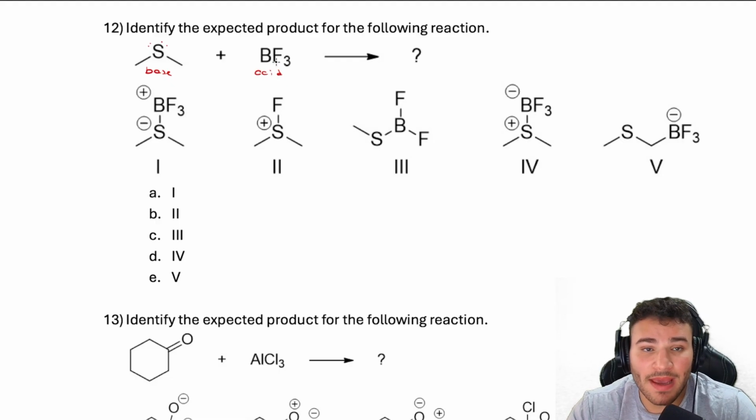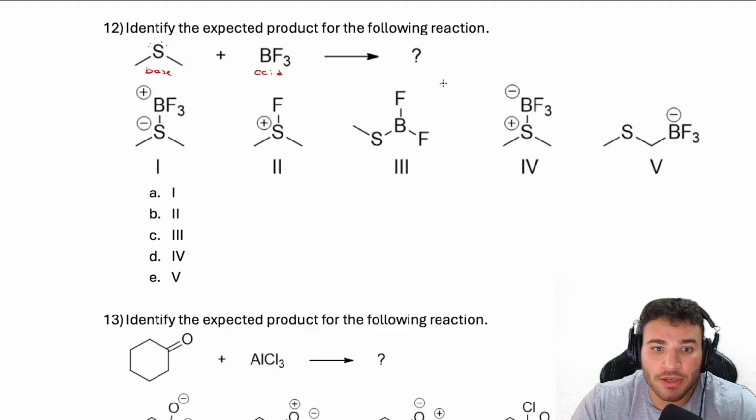If you're not familiar with these concepts, I really suggest going back and checking out that video where we deeply discussed Lewis acids and bases. If we only have a lone pair in one of the reactants, then only that reactant can be the base, and it's no question from there.